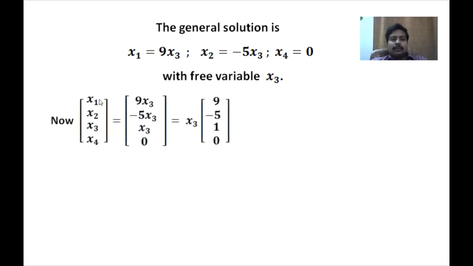So the vector x1, x2, x3, x4 can be written as 9x3 for x1, x2 is minus 5x3, x3 is x3, x4 is 0. So after taking x3 as common, 9, minus 5, 1, 0.